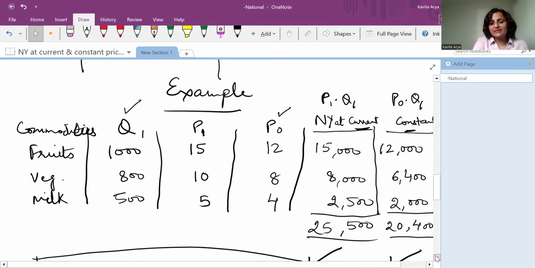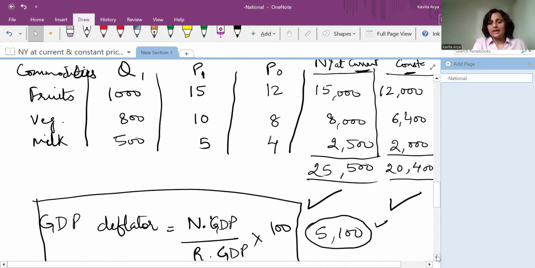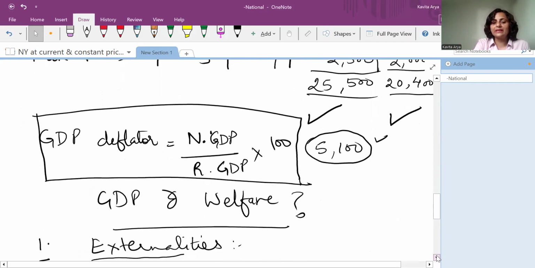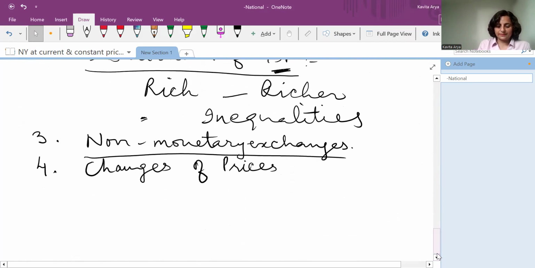So why is this difference arising? This GDP rise of 5,100 is on account of the prices only. There is no actual increase in the production of goods or services.